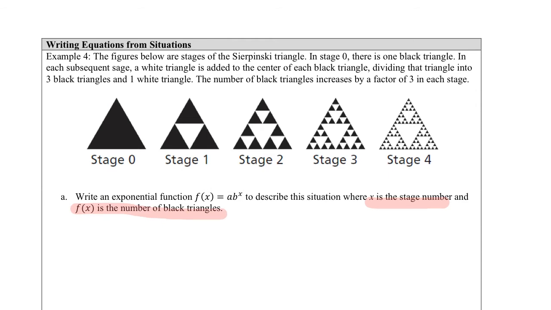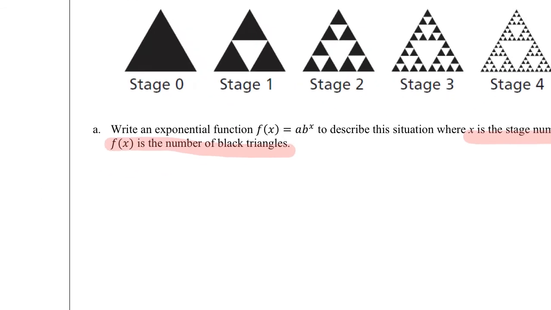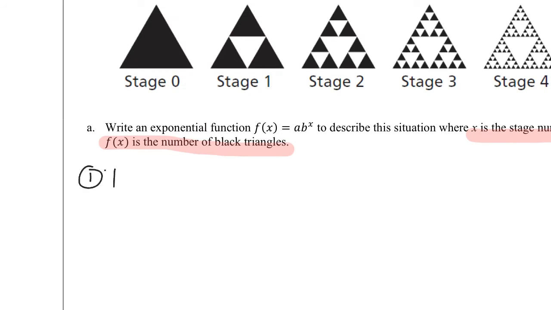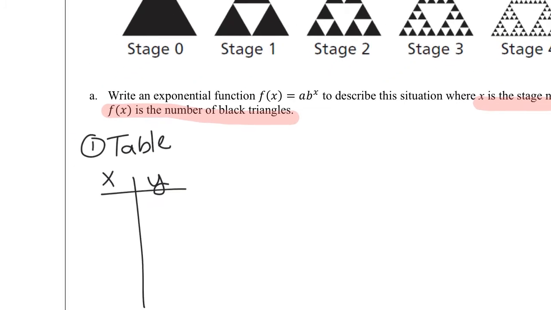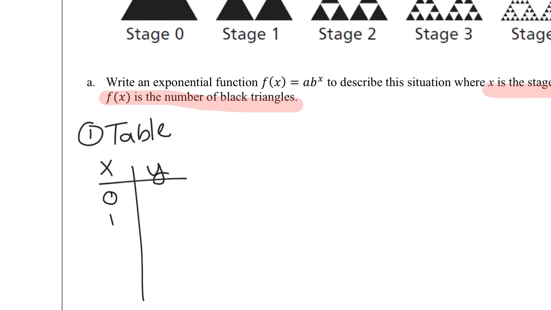When you have a pattern like this, step 1 is always to create a table. Tables are easier to work with. So we're going to create a table, x and y. It said that x is the stage number, so if we just use the stages we're given, I have stage 0, stage 1, stage 2, stage 3, and stage 4.